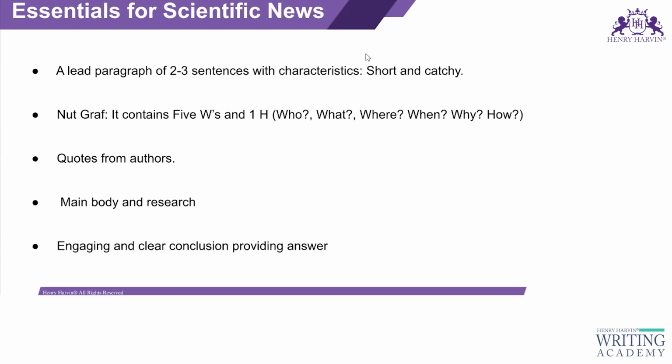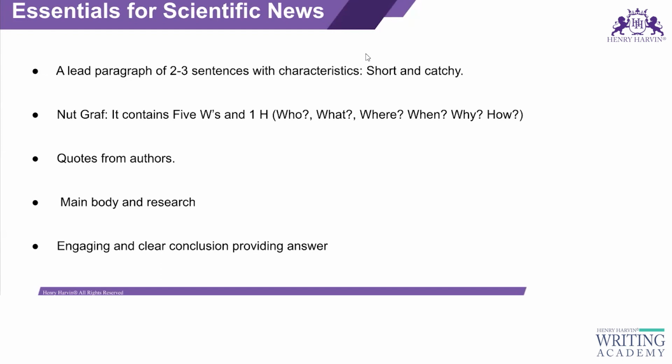Then news contains 5 W's and 1 H, that is who, what, where, when, why, and how. Suppose a new drug is discovered and you have to cover that story.